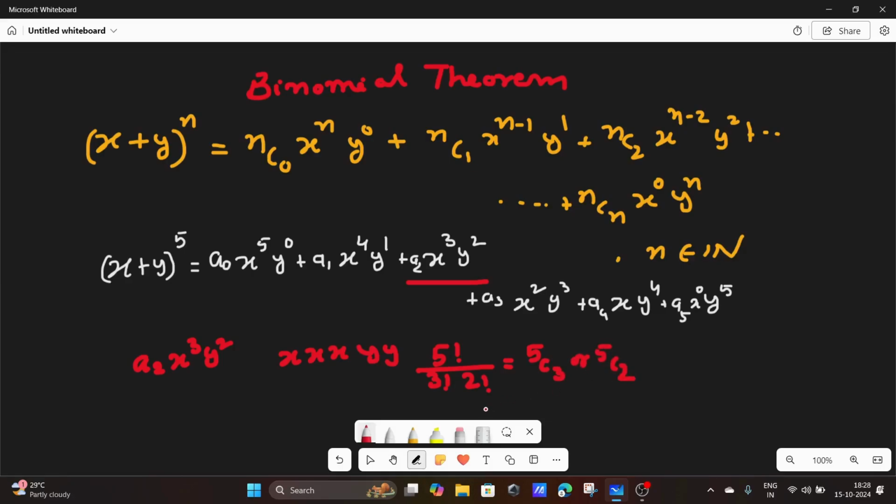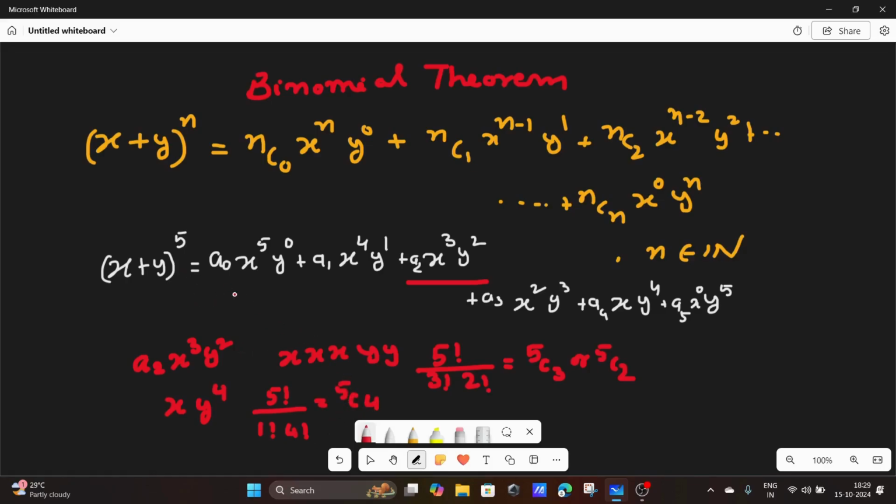Now you see that this a2 is nothing but either 5C3 or 5C2. According to its place, we will decide that. Now you tell me, in how many ways can you arrange x y^4? Total 5 factorial by 1 factorial into 4 factorial. That is 5C4.